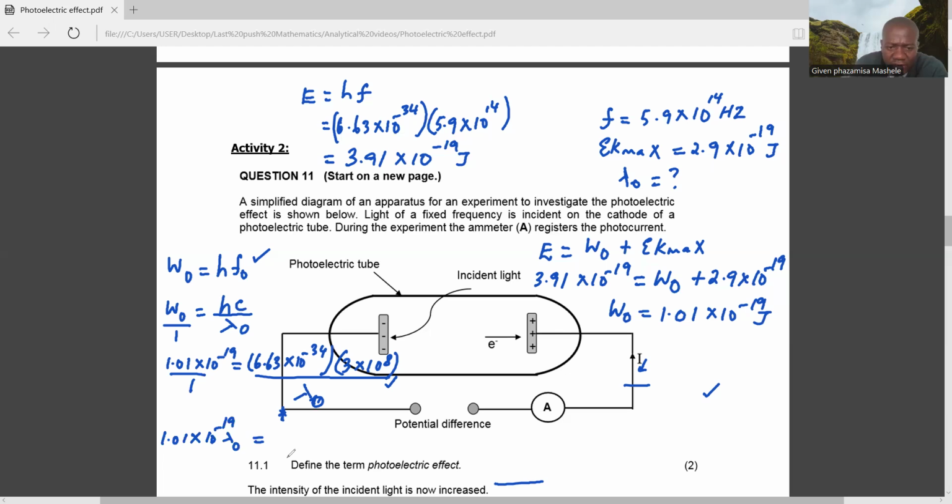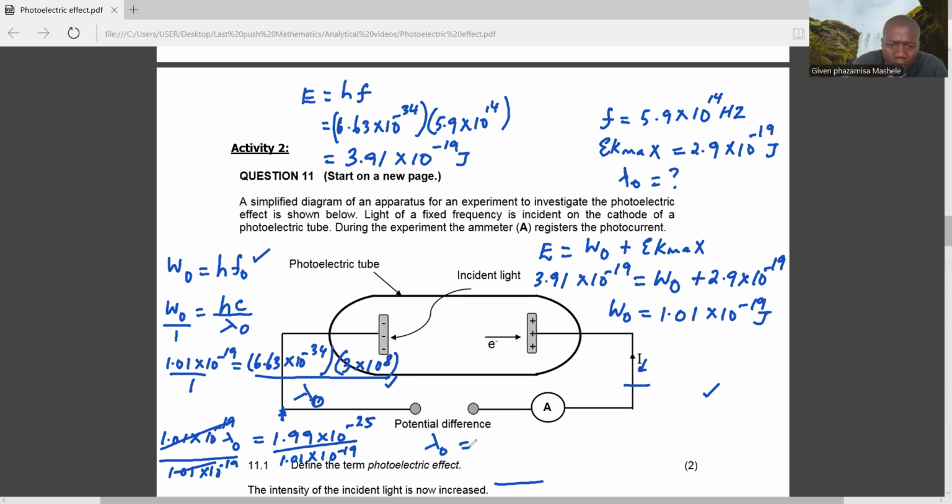This will give us 1.99 times 10 to the power negative 25. So we can divide both sides by 1.01 times 10 to the power negative 19. Then this will give us our cutoff wavelength. So 1.99 times 10 to the power negative 25 divided by 1.01 times 10 to the power negative 19, if I'm not mistaken.